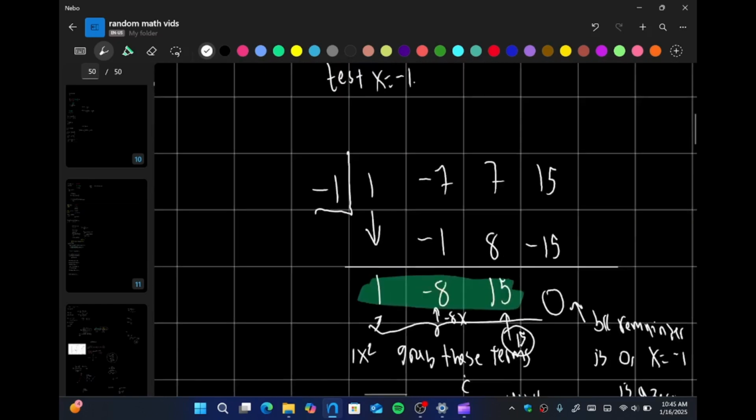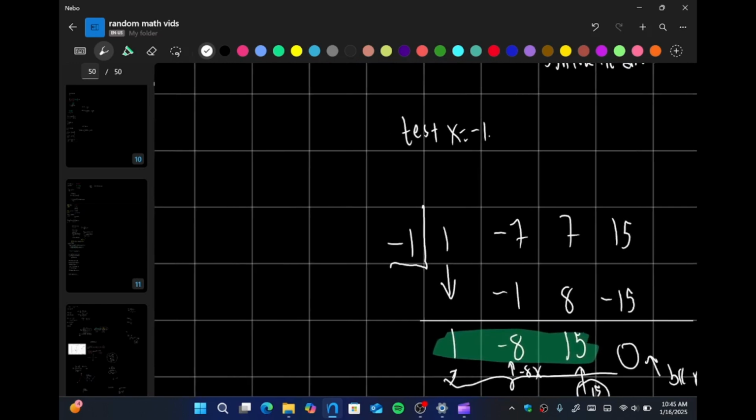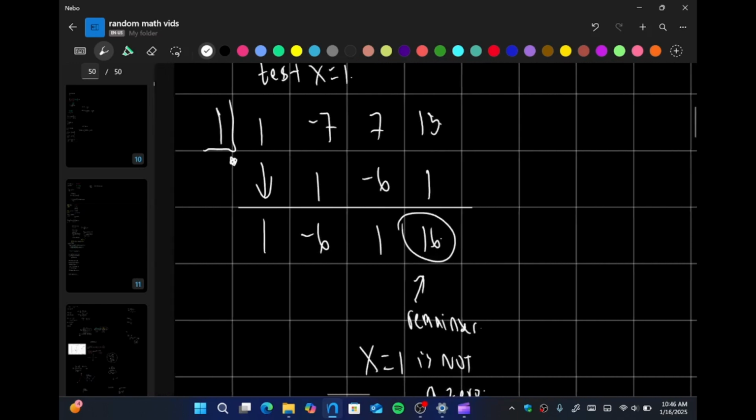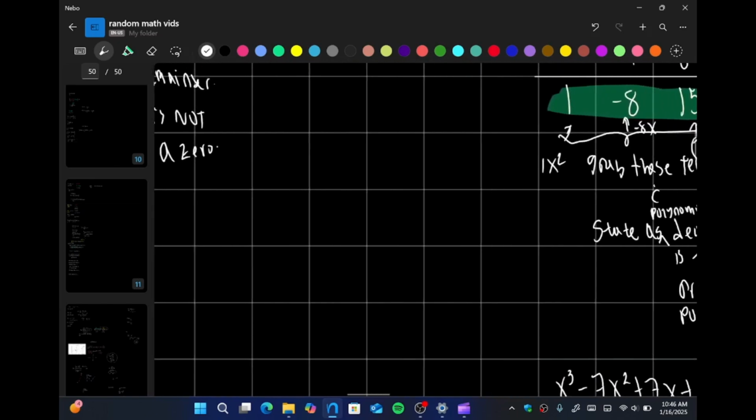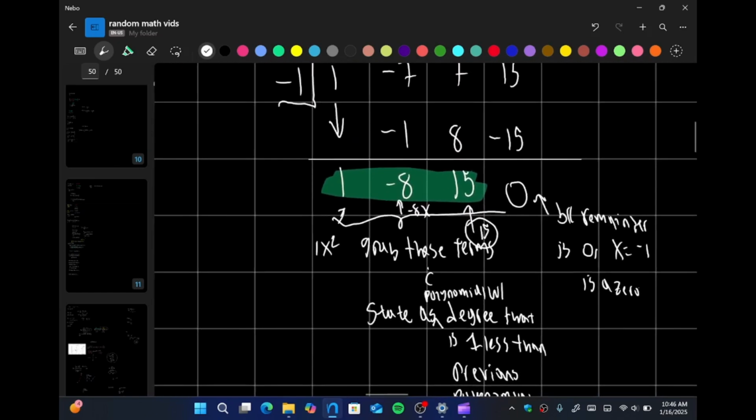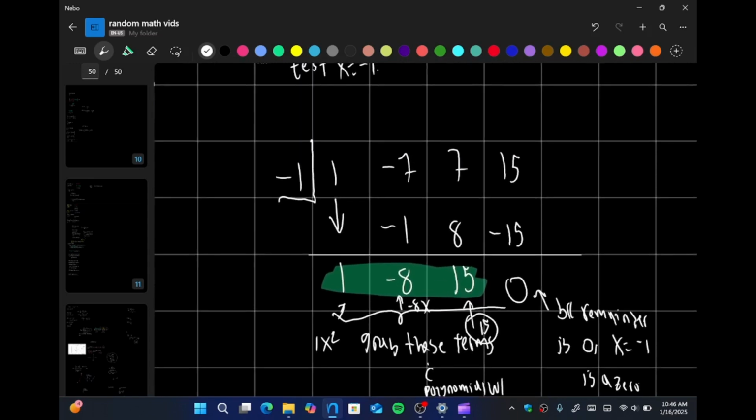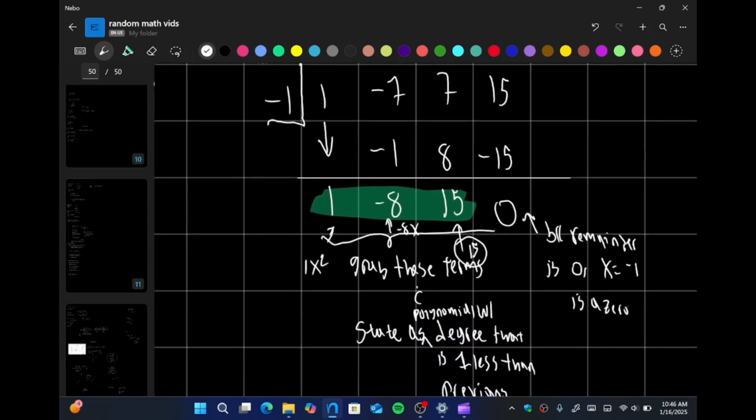So the point of this, guys, is that now we have x plus 1 as a factor. Whatever terms you get after the synthetic division, you're going to do it with a degree less than the previous term. Because the previous term had a degree of 3, you put these numbers as 1x squared minus 8x plus 15.